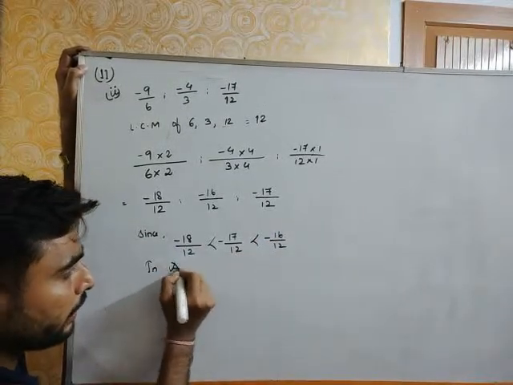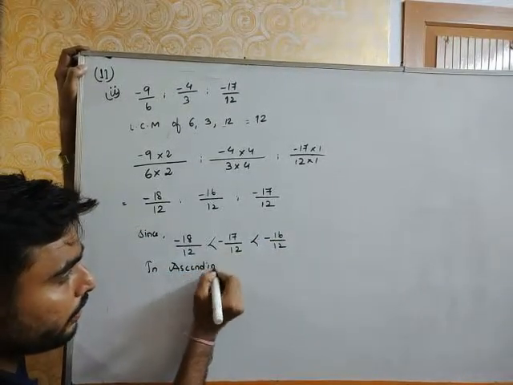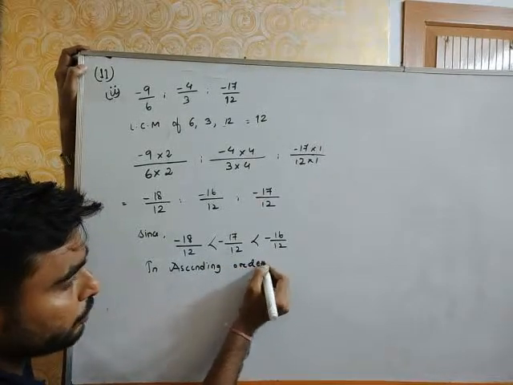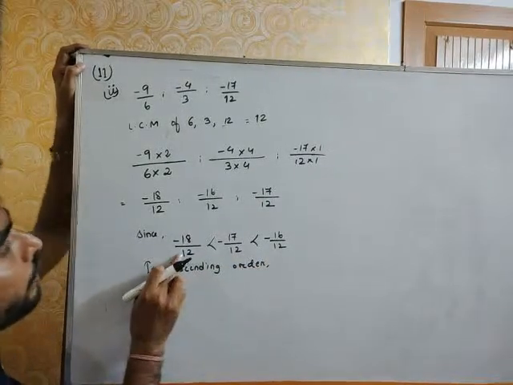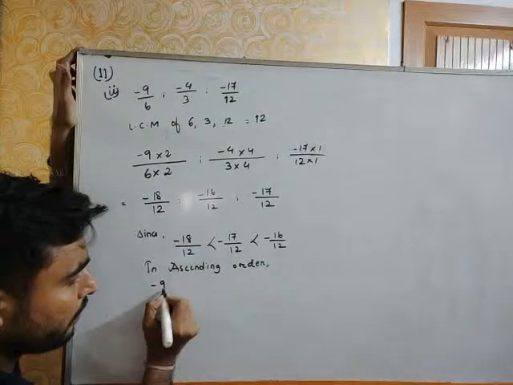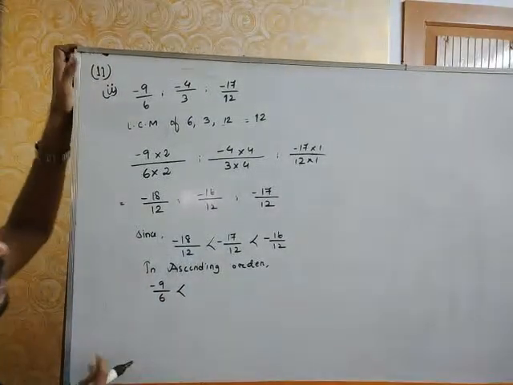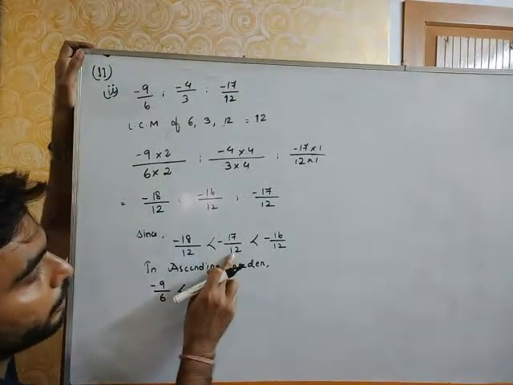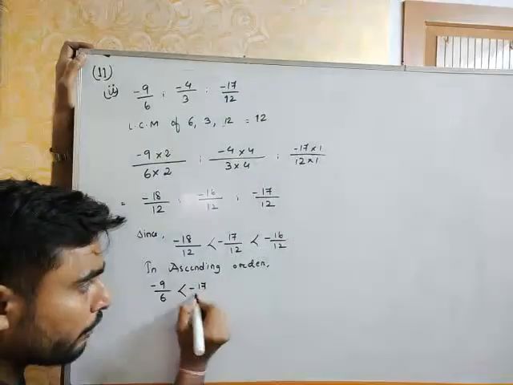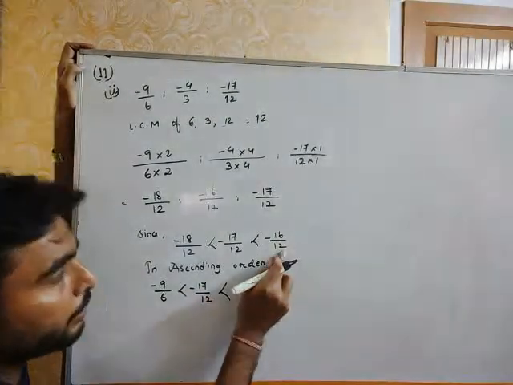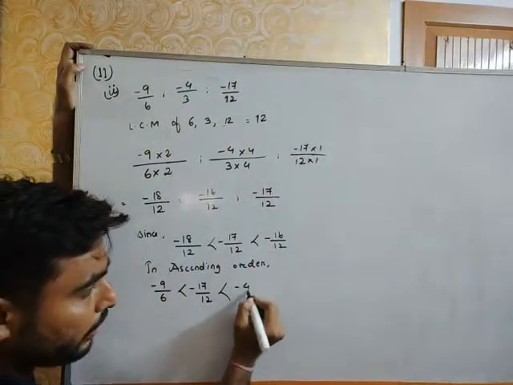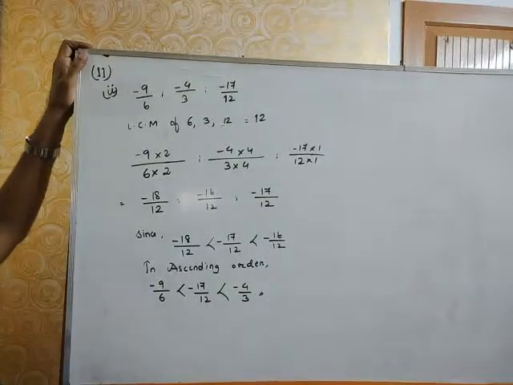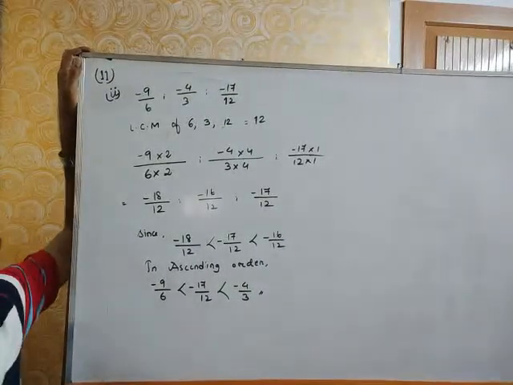So in ascending order, from smaller to greater, minus 18 by 12 denotes minus 9 by 6, minus 17 by 12 is minus 17 by 12 only, and minus 16 by 12 resembles minus 4 by 3 in the question. So this is the arrangement. Got it right, all of you?